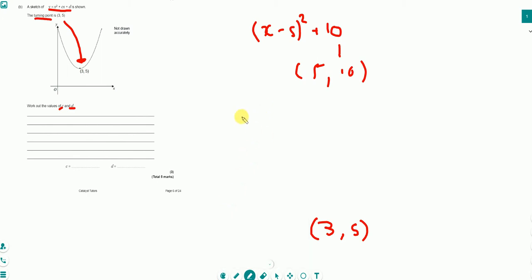So if we look at what we would have got if we completed the square with these coordinates (3, 5), we would have got in brackets x minus 3, because you flipped the sign from a plus 3 to a minus 3, and that would have been squared, and on the outside you would have had a plus 5.